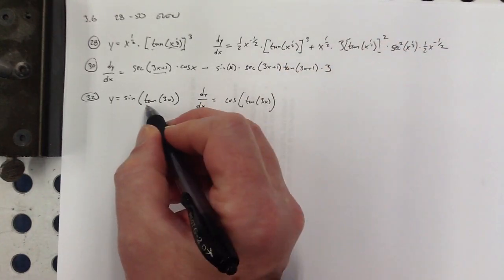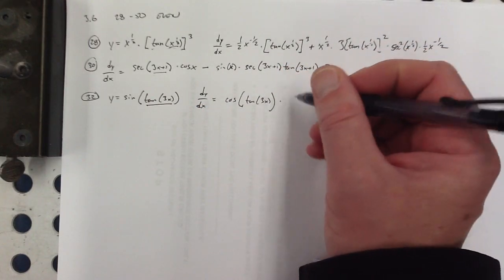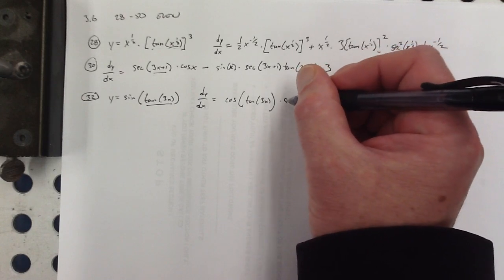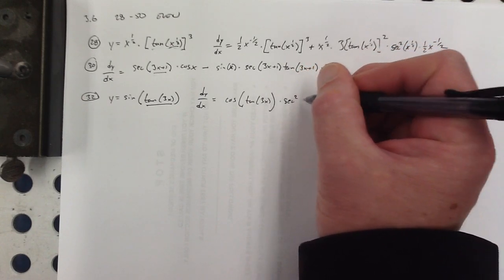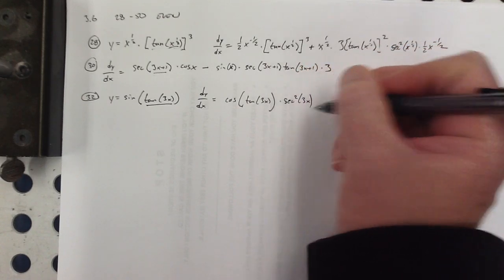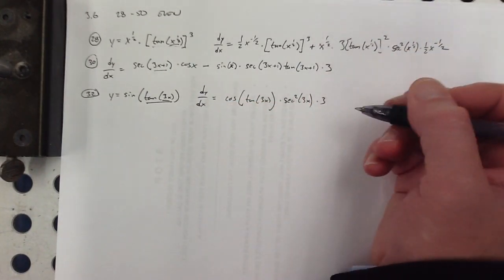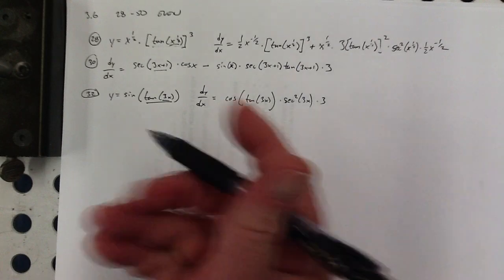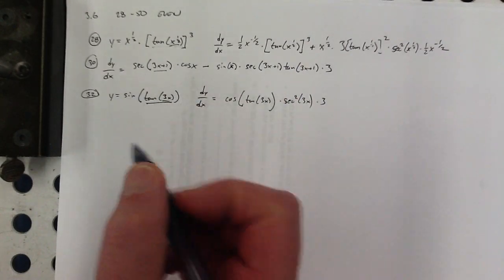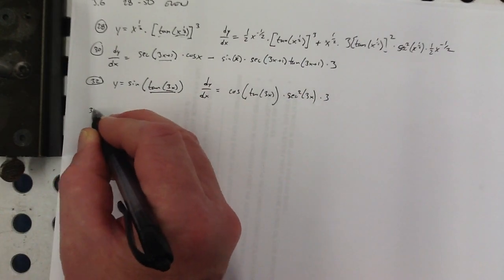And the derivative of what's inside there, well, the derivative of tangent whatever is secant squared whatever. And the derivative of what's inside that is 3. You know what the derivative of 3x is? It really is just 3. So we're done. And we also rewrote it, so we knew what to expect there.